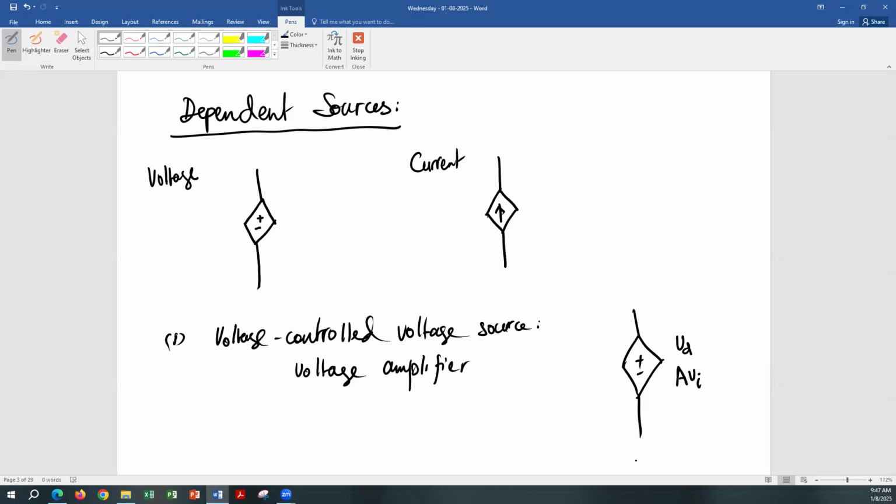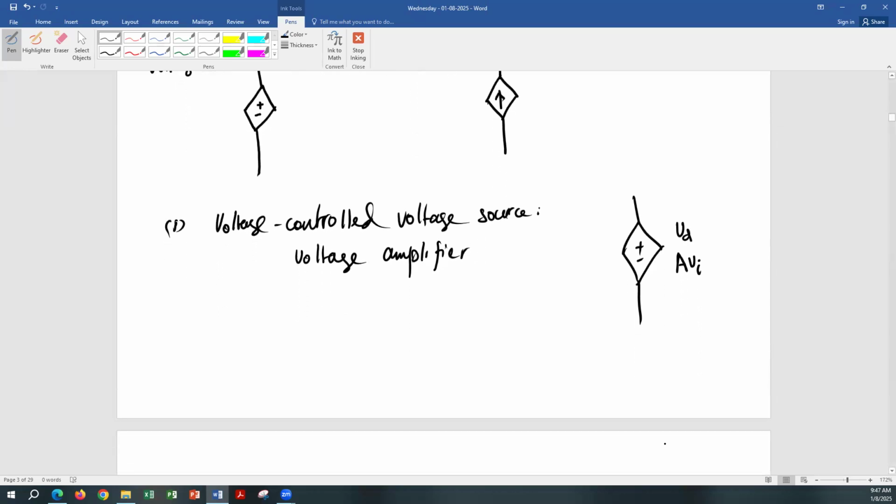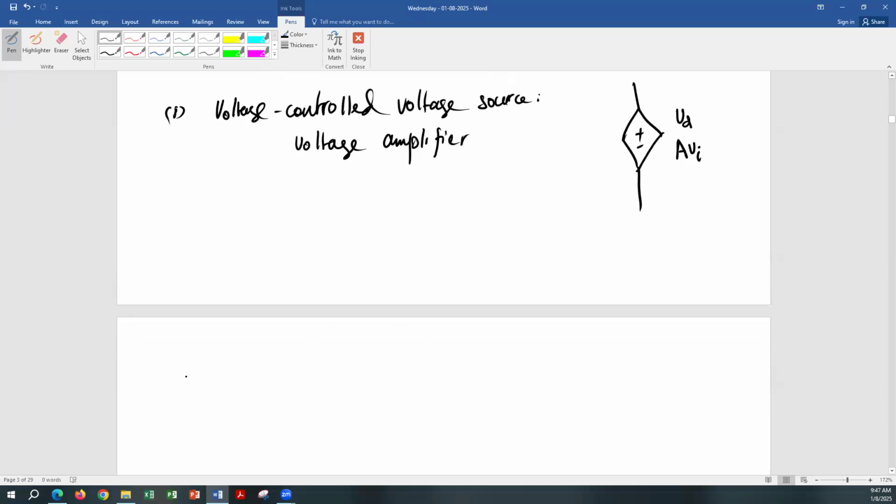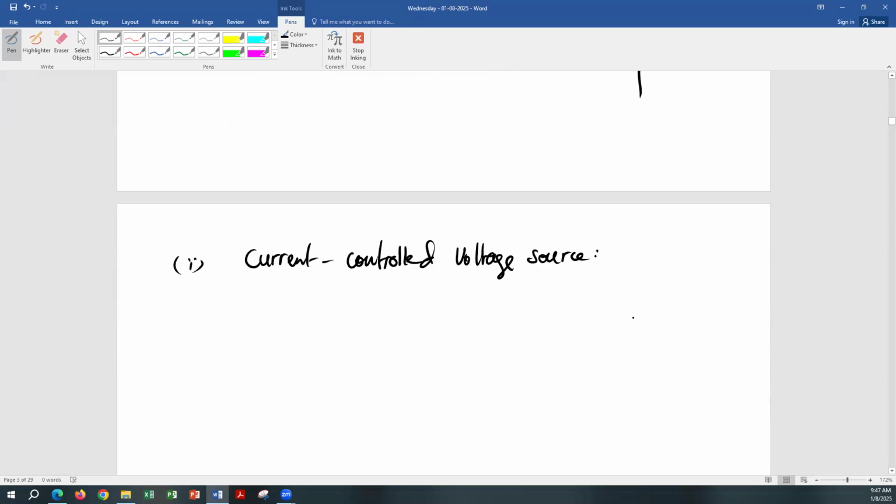And likewise, we can have a current controlled voltage source. It's a voltage source, but some current is controlling its value. So the second type of dependent source is the current controlled voltage source. Again, it's a dependent voltage source, VD, but the value of that voltage source is controlled by some current, let's say I input.